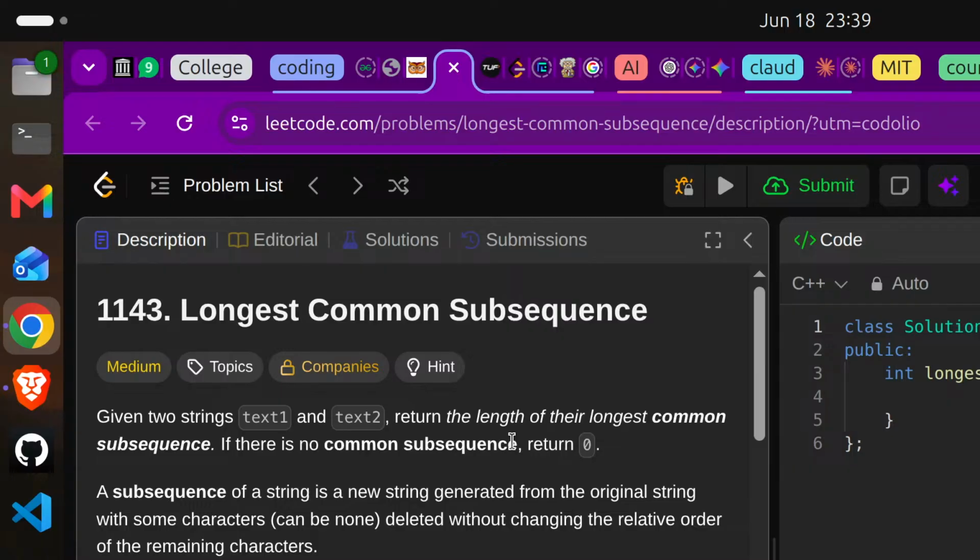What do you say? Return f of S1, S2, 0, 0. Right. Let's see what happens here. Wrong answer: your output is 1, expected output is 4. Okay.